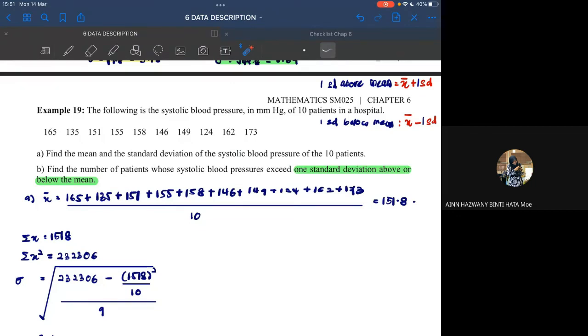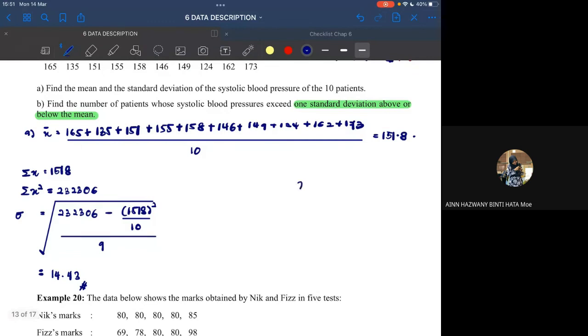Okay, so now kita nak cari the amount of the blood pressure tu lah. Kita letak dia sebagai X. X is between mean plus 1 standard deviation and mean minus 1 standard deviation.